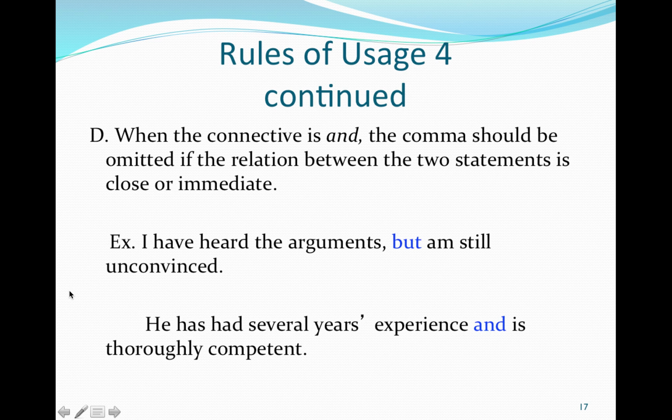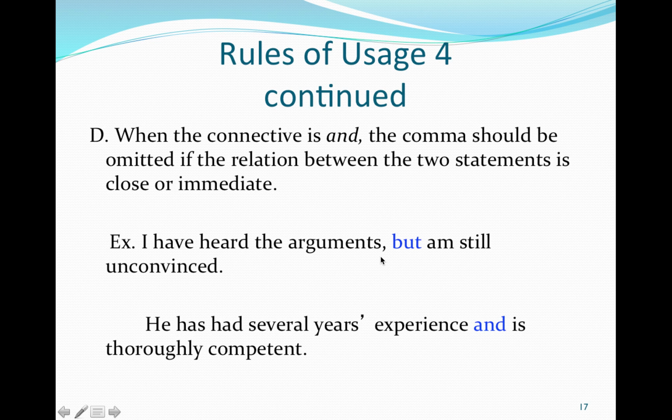I have heard the arguments, but, and because we are using the conjunction but, we must have a comma at the very beginning. Even though we do not have a subject on this side of the conjunction, the I is the understood subject, but because we are using the conjunction but, and both of these verbs are using the same subject, you must have a comma.